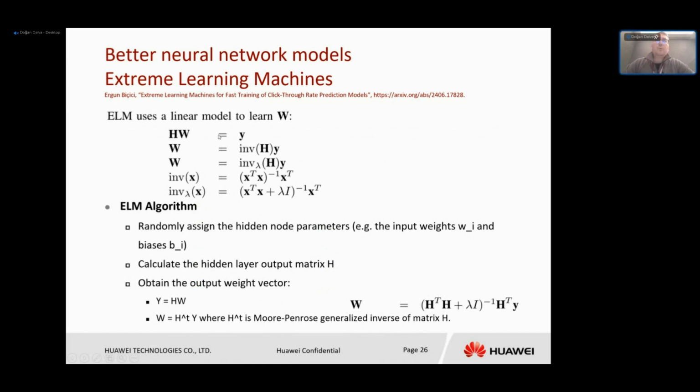The way it produces the weight matrix is by matrix inversion, and it can be a regularized matrix inversion as well, to make the inversion possible for some cases. The ELM algorithm works with the inputs and randomly assigns hidden node parameters Wi and bias, calculates H, and obtains the output weighting matrix by using the Moore-Penrose generalized inverse matrix, which is shown here.